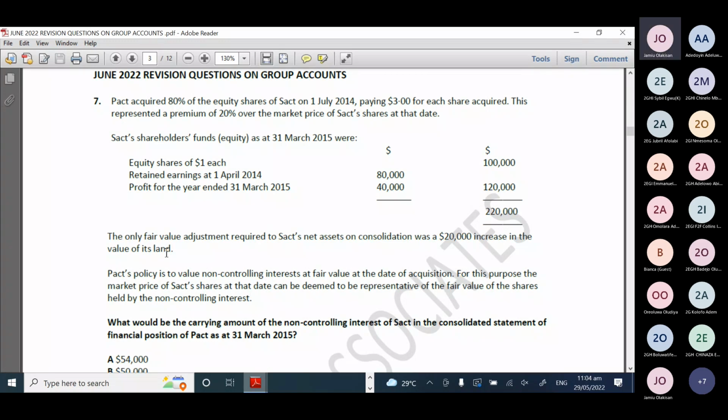So it's the same requirement as question 6, but the contents differ. You can solve 20 questions, all of them talking about calculating the carrying amount of NCI, but you will see that we'll be doing it differently because the contents of the questions differ.